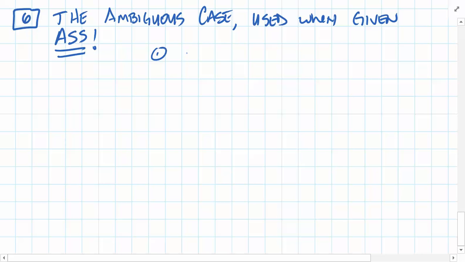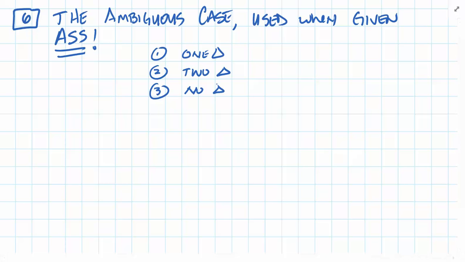The first one is there's only one triangle that you could ever find with this. The second one is there's two triangles that you could ever find from this. And then three, there is no such triangle that could be made given the angle and two sides. So you have to figure out which one this is. And I'm going to give you an example of each one and what to look for in each one. So this is all going to be under the same box. Let's take case number one.